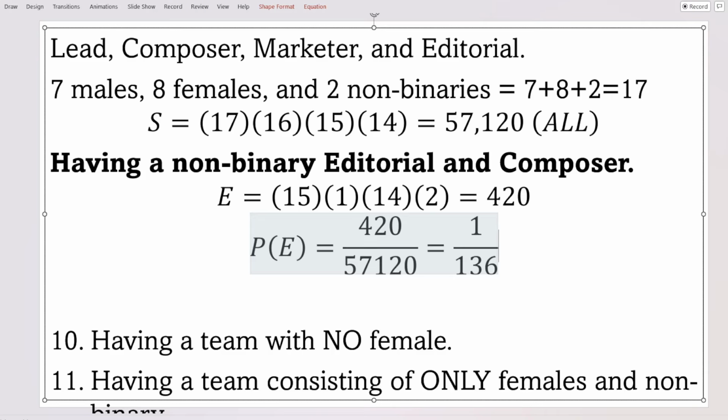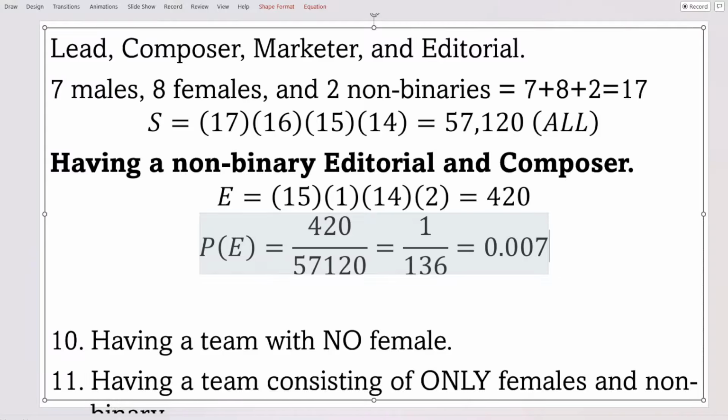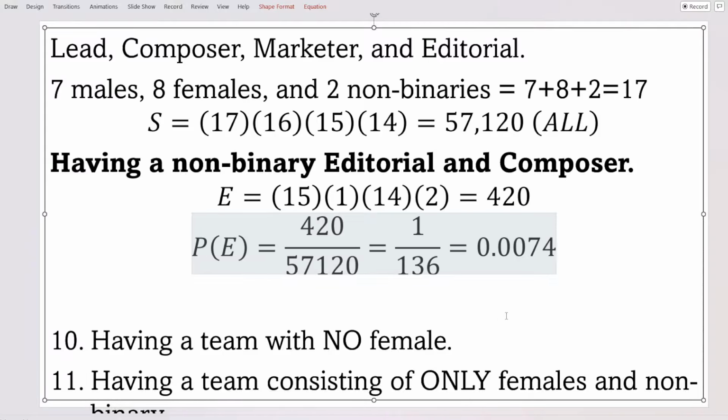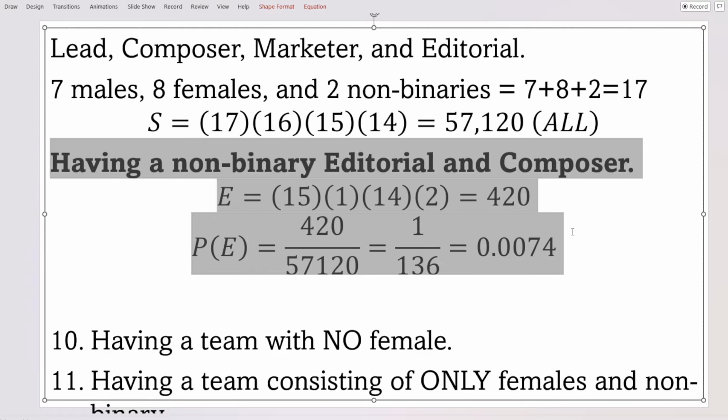And then in decimal, let me just check. In decimal, this is 0.0074, rounded to 4 decimal places. This is the answer to having a non-binary editorial and composer. So we move on to the next problem.